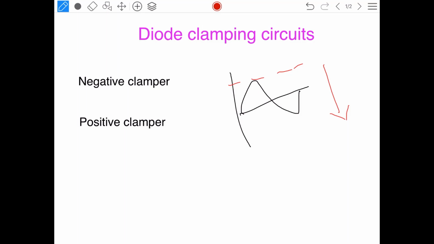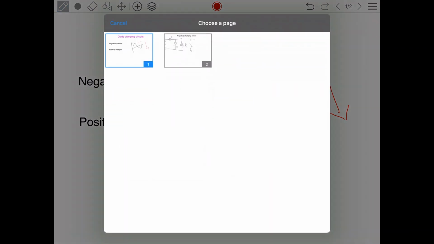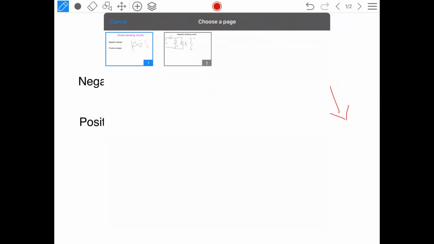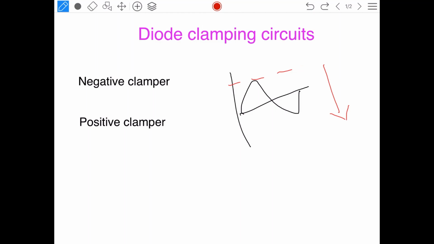Similarly, whenever I have the same input signal, and this input signal is pushed above some reference voltage, then we call the circuit a positive clamper. We can see we are pushing it towards a positive direction.